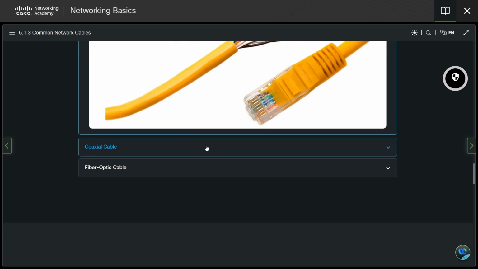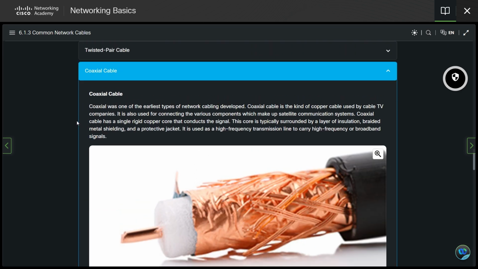The next tab is coaxial cable. Coaxial was one of the earliest types of network cabling developed. Coaxial cable is a kind of copper cable used by cable TV companies. It is also used for connecting the various components which make up satellite communication systems. Coaxial cable has a single, rigid copper core that conducts the signal.